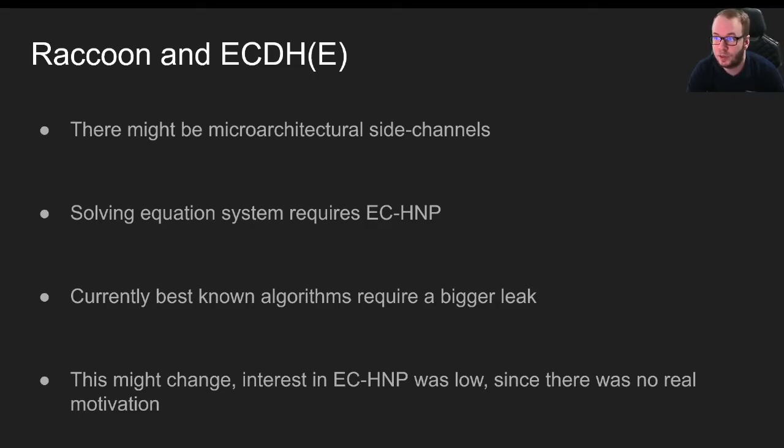And I'm pretty sure that a lot of researchers are now very curious whether you can actually do this with fewer leaks. So I would probably not count on that, and already move towards not reusing elliptic curve public keys in TLS, so that you are on the safe side.